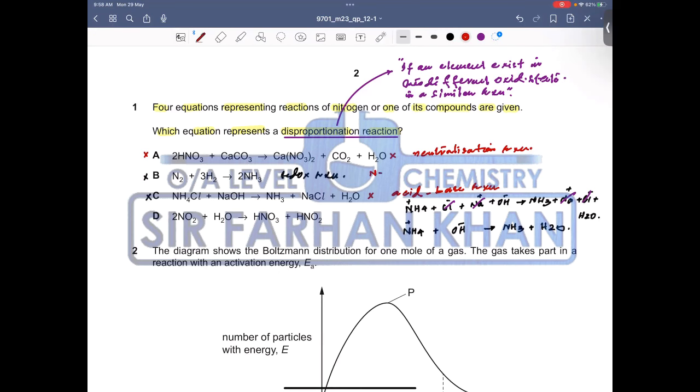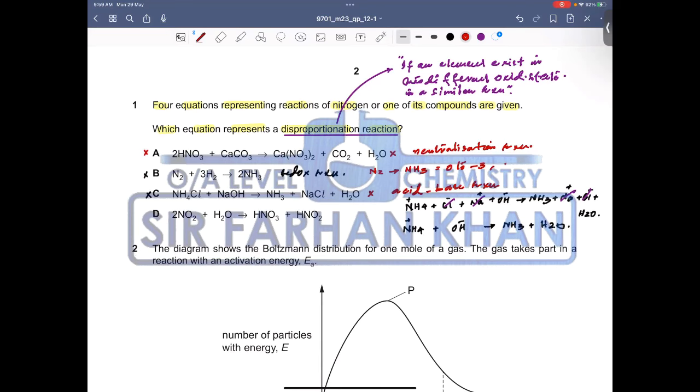Because nitrogen changes its oxidation state from 0 to -3, whereas hydrogen changes its oxidation state from 0 to +1. Okay, so the right answer is going to be D.